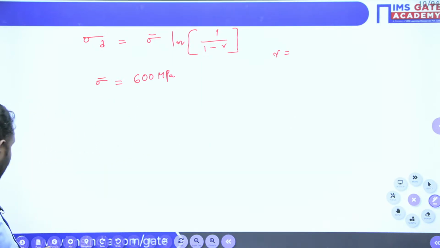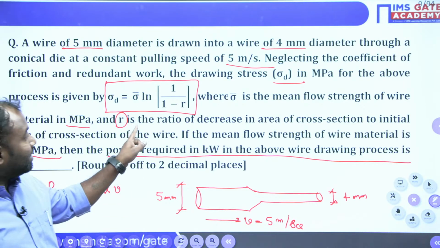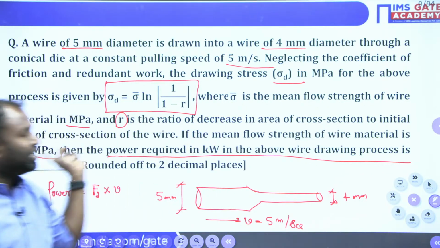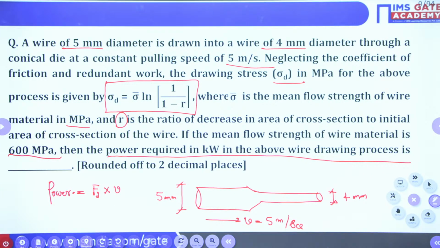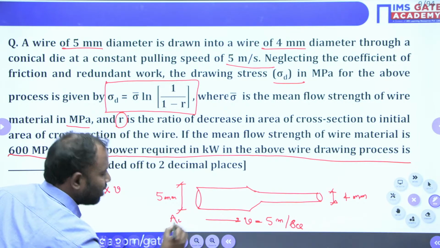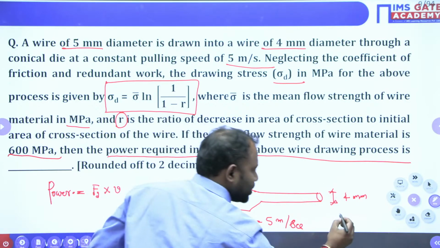Let us go back to our question. What is R? The ratio of decrease in cross section area to the initial cross section area. Suppose I consider the initial cross section area A0 and the final cross section area AF.